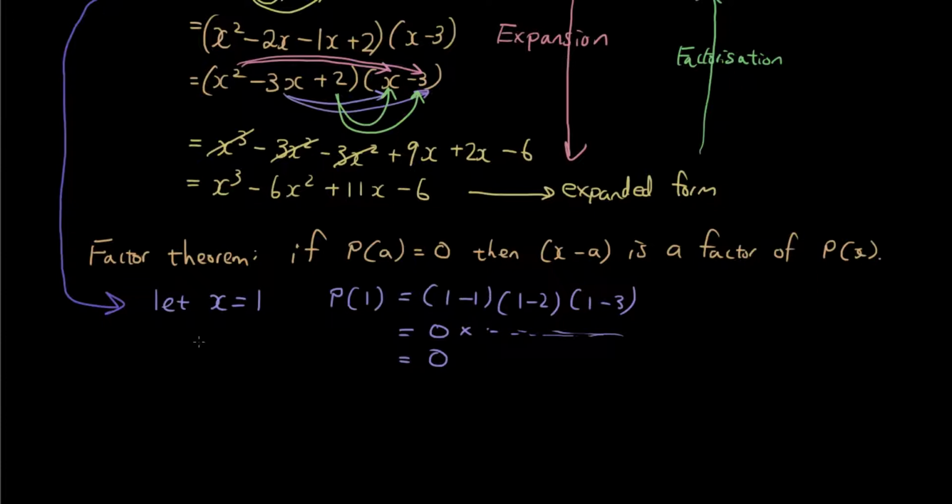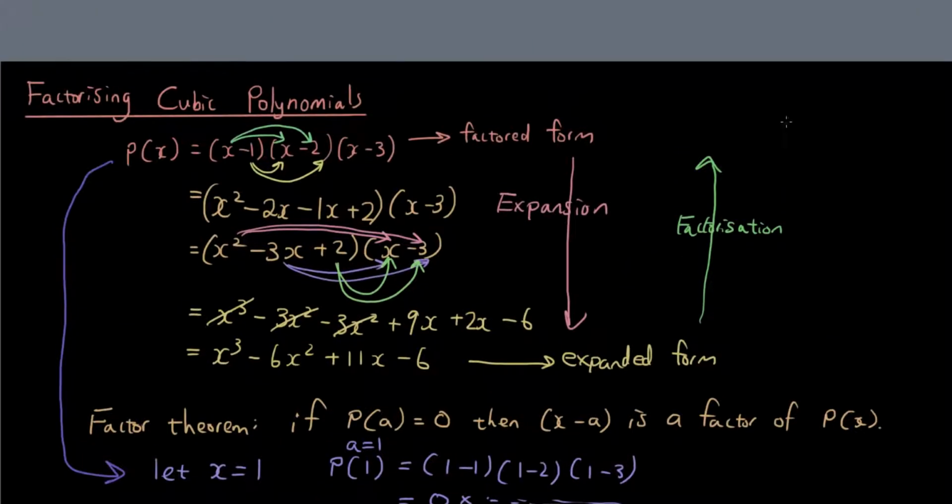So according to this, x minus 1, because in this case a is equal to 1, is a factor of the polynomial, right? And you can see from the above equation that is definitely correct. x minus 1 is a factor of this polynomial.